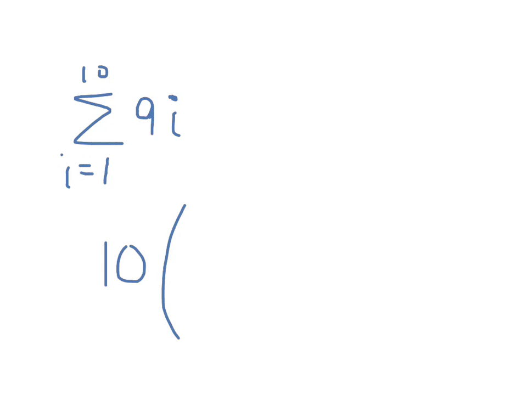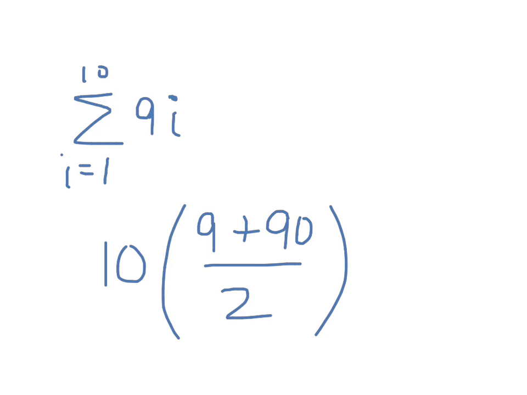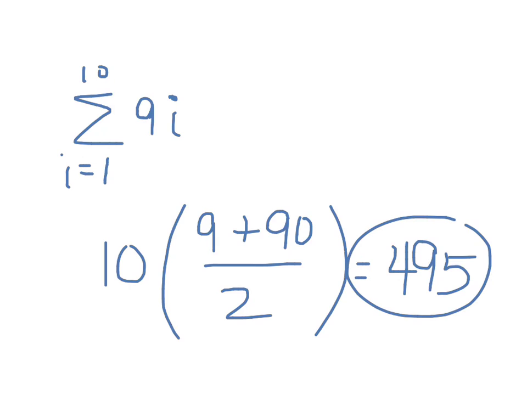If I put the number 1 in, what do I get? 9. What's the last term? If I put in 10, what do I get? 90. So first of all, what's 9 plus 90? The great one, good. Divided by 2, times 10. Done.